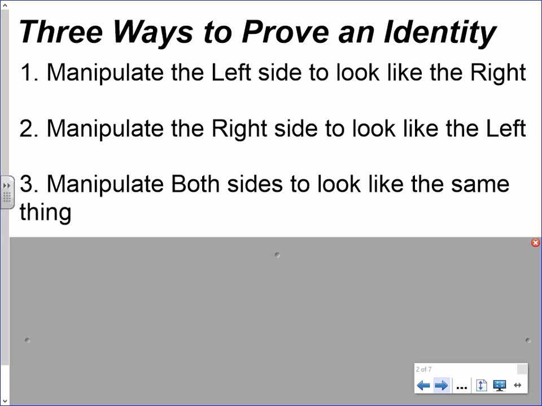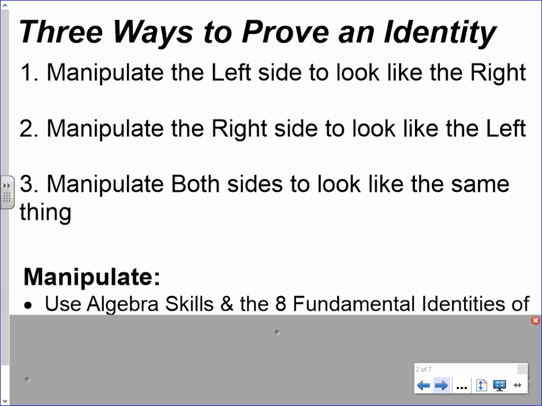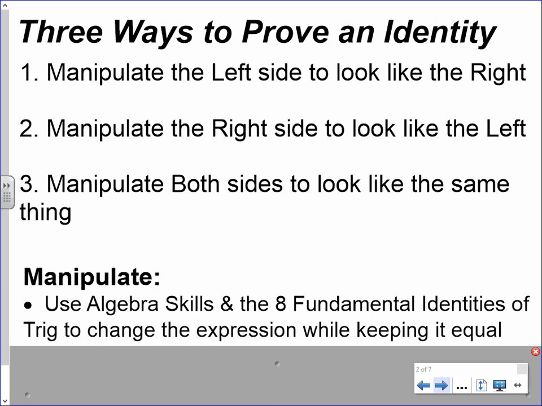Now, when I say manipulate, and I don't know if you necessarily need to write this down, but the 8 fundamental identities, so the 3 groups of identities that we wrote down at the beginning of class on Friday, the 3 groups of identities that will be the first question on your quiz Thursday, those are the identities that you have to know in order to be able to manipulate.